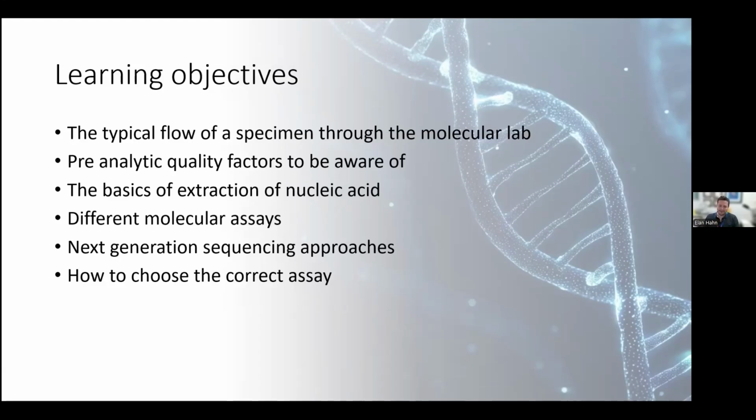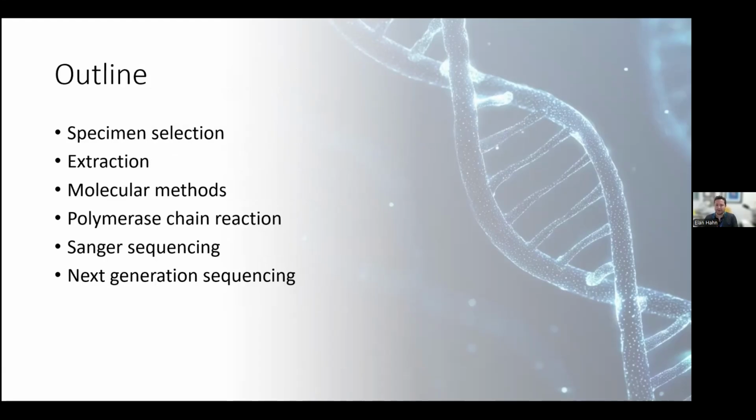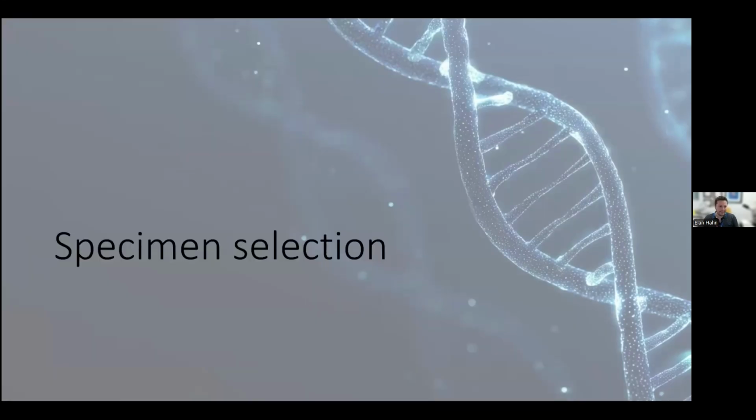So what do we do with that nucleic acid? Specifically, we'll look into next generation sequencing approaches and how to choose the correct assay. We'll start off with specimen selection, move on to extraction, and different molecular methods, including PCR, Sanger, and next generation sequencing.